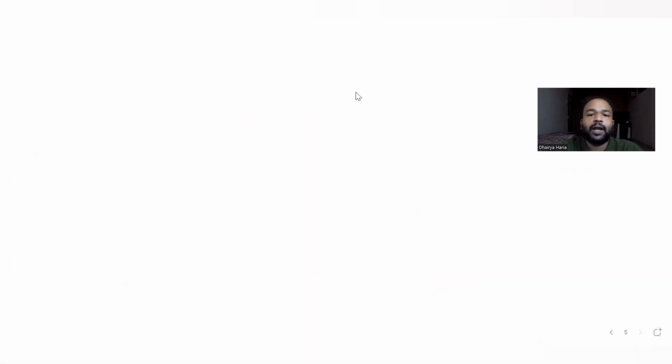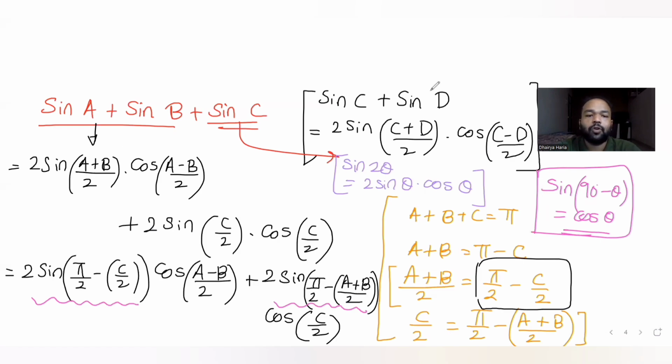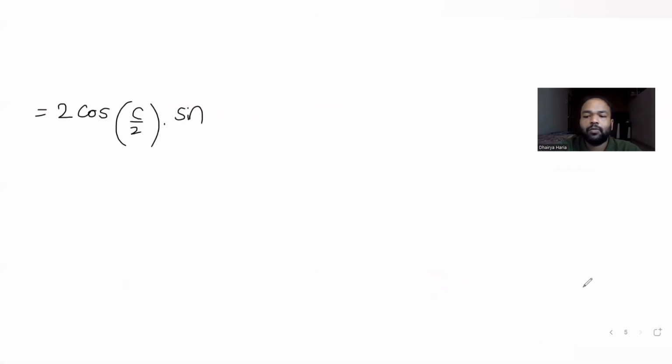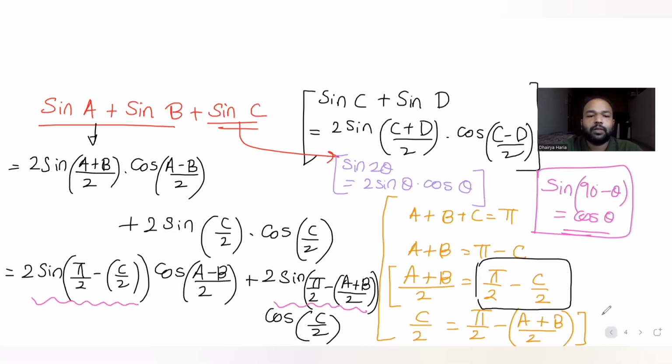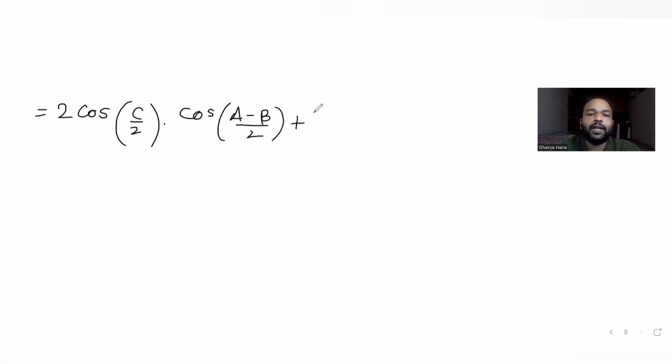So if I use that, I get this simplified to become 2 cos c by 2 into, sorry, it is cos, so cos (a minus b) by 2 plus 2 sine (90 minus theta). So again 2 cos (a plus b) by 2 into cos c by 2.